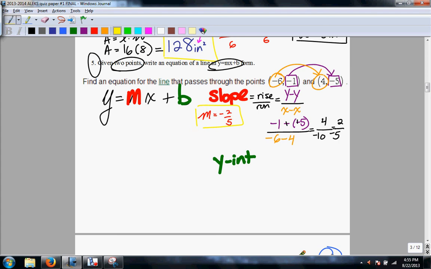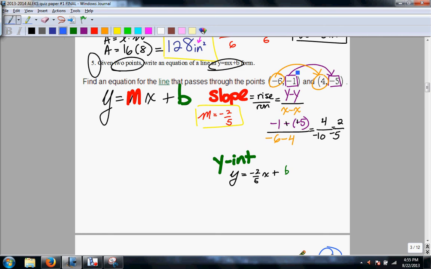Now, for your y-intercept, what we want to do here is we write now our equation. We have y equals negative 2/5 x plus our unknown intercept. We still have too many variables, but let's look what we do have here. We do have an x and a y.